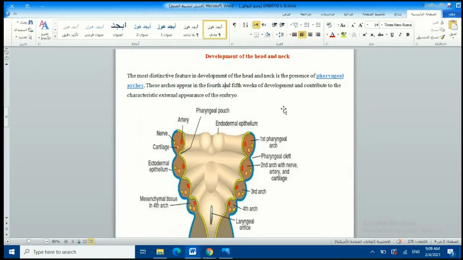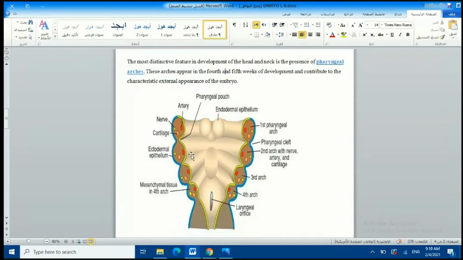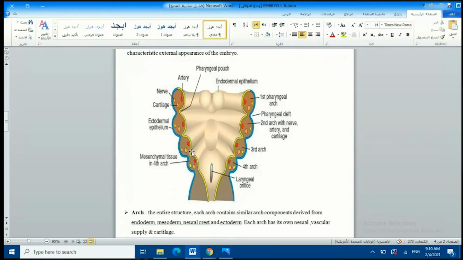So the appearance of the embryo will rely on the pharyngeal arch that will differentiate into the different structures and bones found in the head and neck, and this includes the bones found in the face. As you see here, this is the structure of the pharyngeal arch.